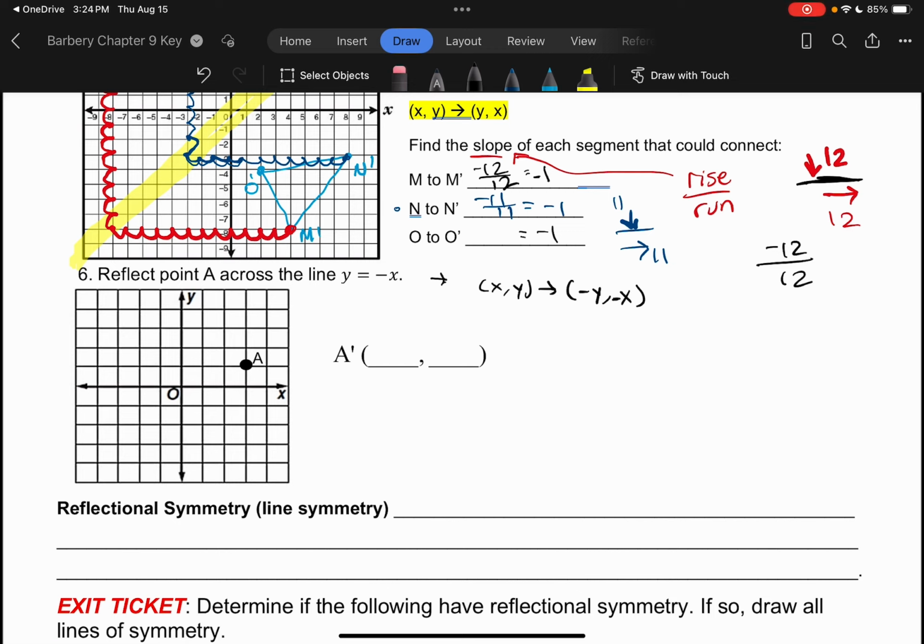So let's take a look at A. The coordinates are 3, 1. If I apply this rule, first we switch the order, so we write it as y comma x, 1 comma 3. But now I need to change the signs. So that becomes negative, and this also becomes negative. So A prime is going to be -1 comma -3.